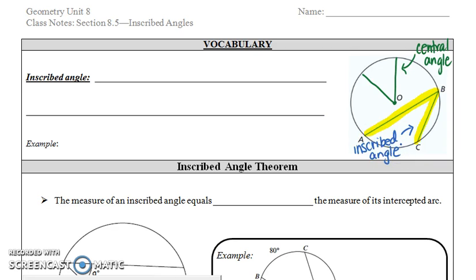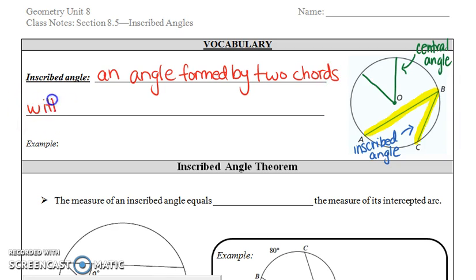So let me go back to the vocabulary box and define formally what an inscribed angle is for you to write down. An inscribed angle is an angle formed by two chords with its vertex at some point on the circle.